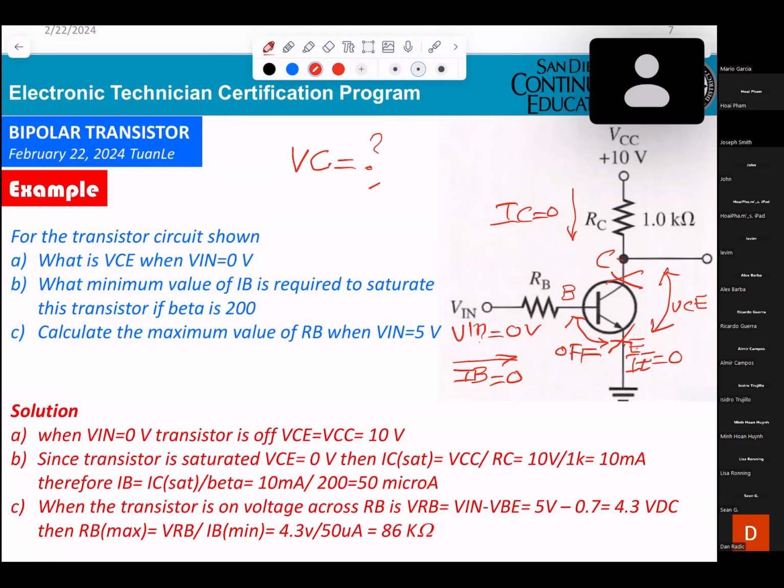Okay, the formula. VCC minus ICRC. Minus, not times.